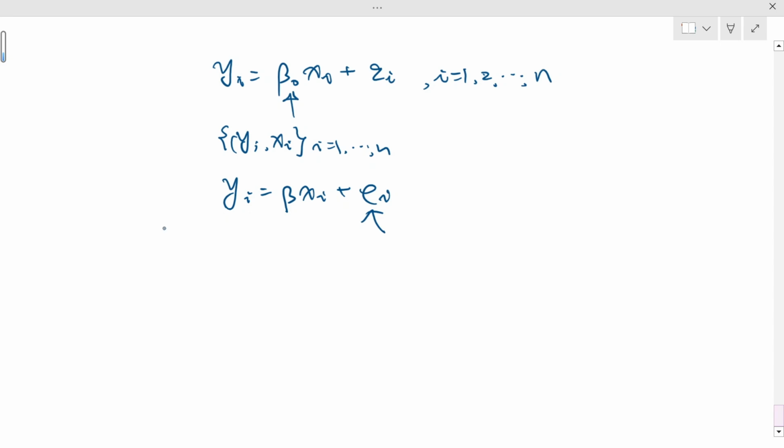We can use OLS, the ordinary least squares estimator, which chooses beta to minimize the sum of squared errors.